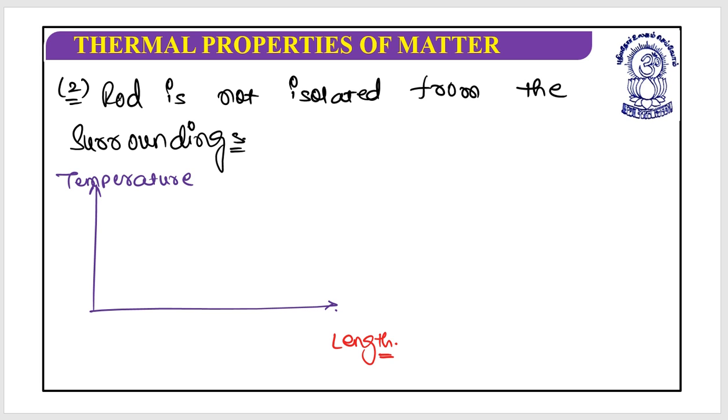Then it would not be a straight line, but a curve, something like this. This is T1, the higher temperature. This is the lower temperature.